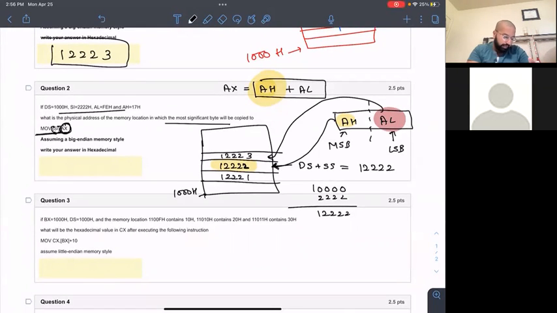So this means the most significant byte will be copied at this address. So our answer will be 12222. I hope that makes sense.